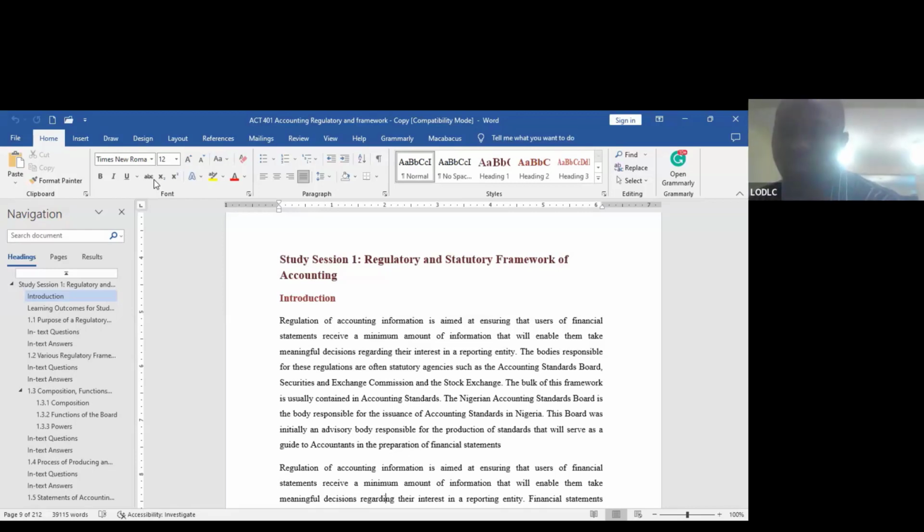So now, before the advent of IFRS, IAS, and some other relevant international standards, do you understand? We were using what is referred to as Statement of Accounting Standard, that's SAS. But once there was a recent development in accounting standards, the SAS was abolished.